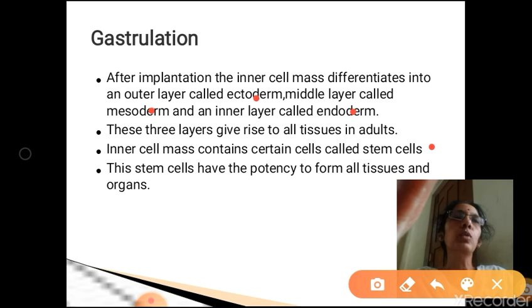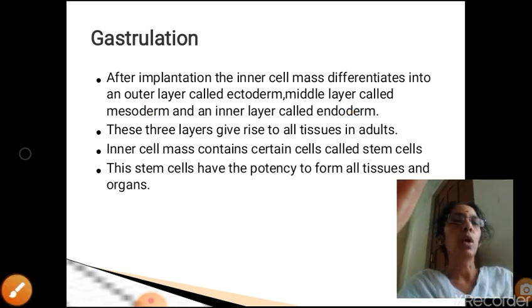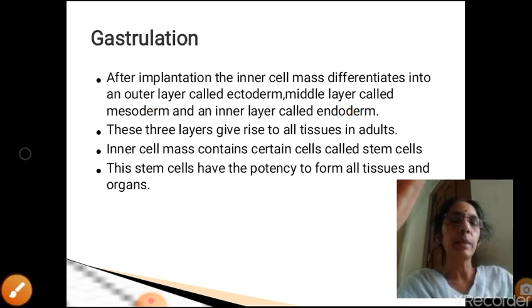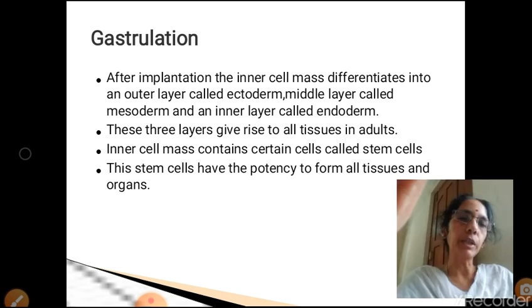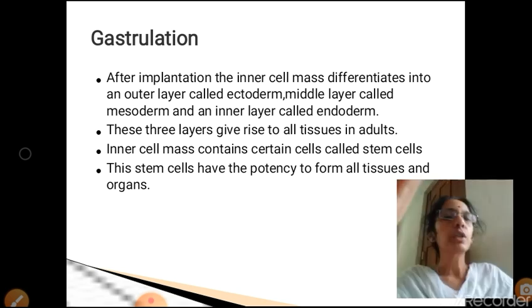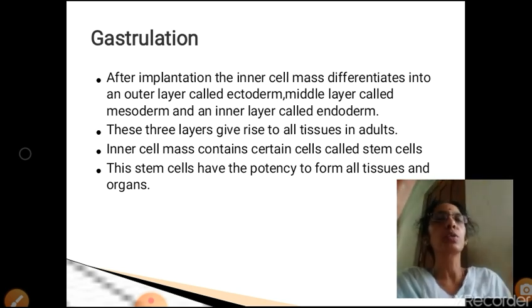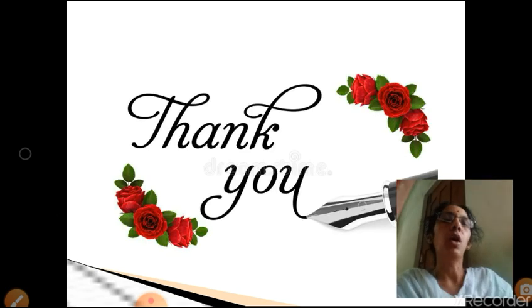The outer layer is ectoderm, middle is mesoderm, inner one is called endoderm. Now all other tissues are formed from these 3 layers only. The inner cell mass containing stem cells has the ability to form all the tissues as well as the organs.